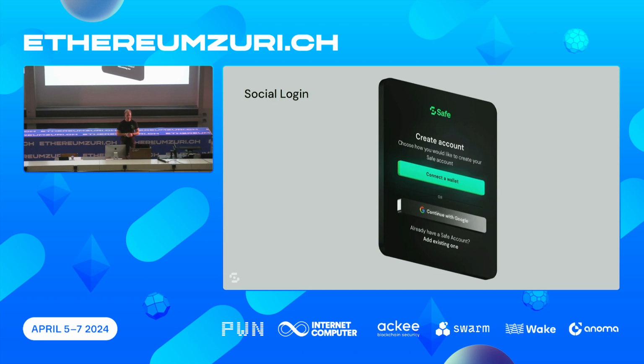And some things people have been experimenting with is social login. So actually using your Google account or your Apple Cloud account to log in to decentralized applications and generate a private key that's based on that, usually through MPC technology. So it's not unique to smart accounts necessarily, because you could do social login without smart accounts, but you would want to use smart accounts because it might be a feasible solution to onboard, but over time, as people store more assets, probably it's not the best thing to rely on these solutions.